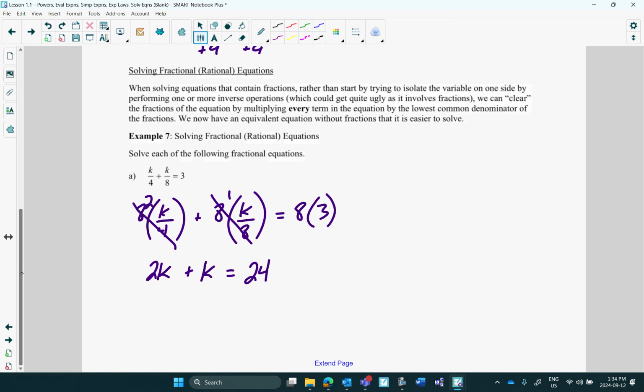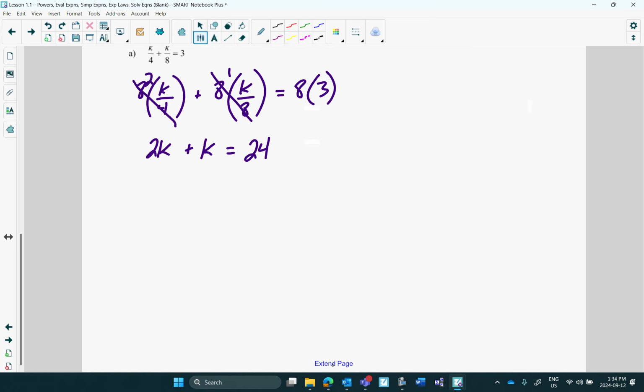Fractions are gone. Now it looks like an equation that's much more straightforward to solve. What would you do next? Yeah, combine the k's, divide by 3 on both sides. K is equal to is good.